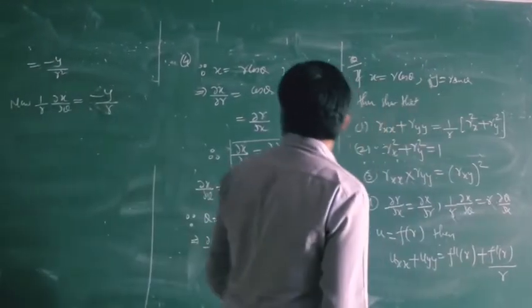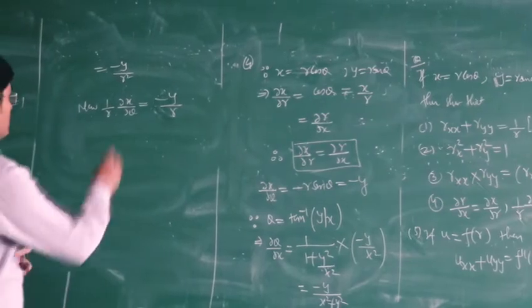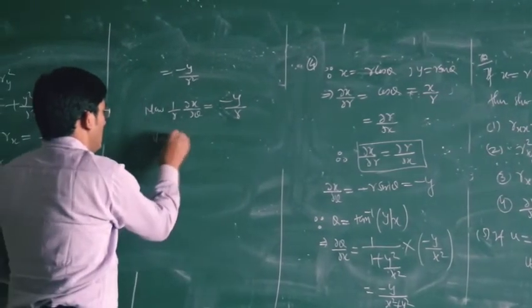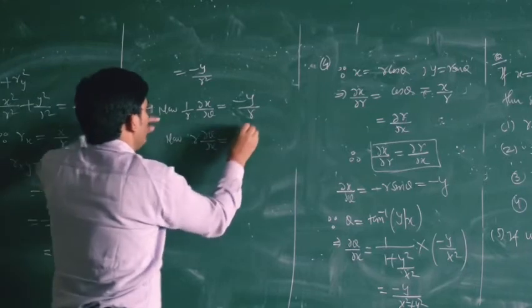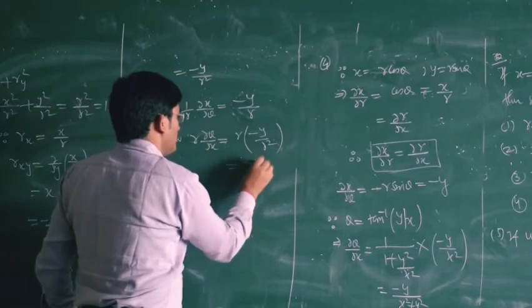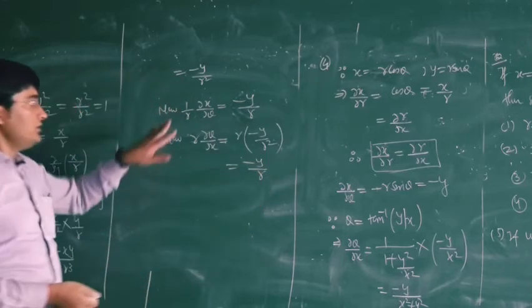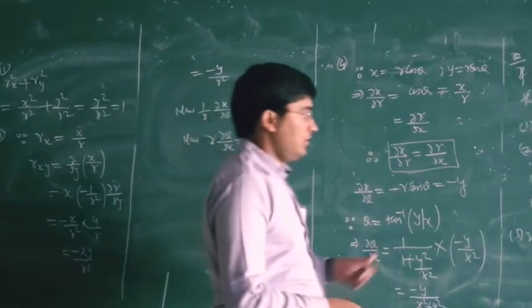Now r into del theta upon del x is equal to r into, this was your del theta upon del x, so this is equal to minus y upon r. So again our left hand side is same as right hand side, so we have proved the fourth part.